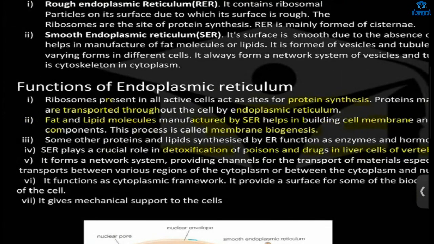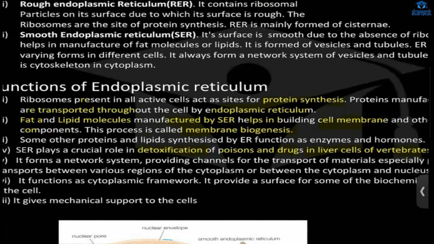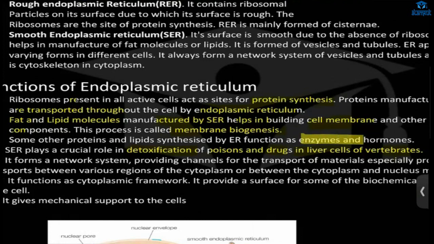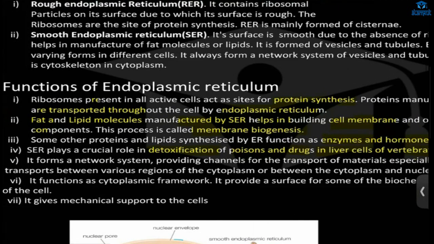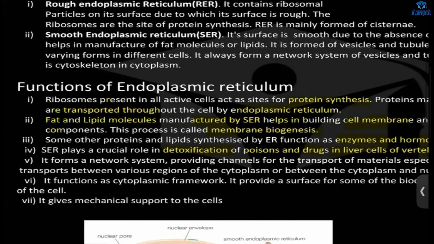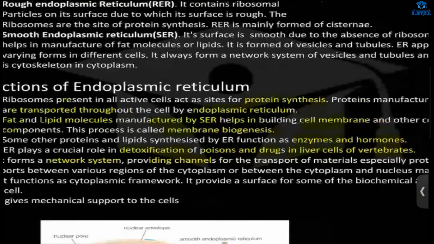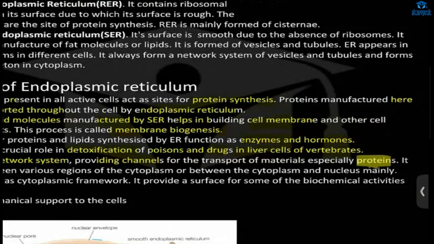This process is called membrane biosynthesis. This question usually comes. Some other proteins and lipids synthesized by the ER function as enzymes and hormones. It plays a crucial role in detoxification of poisons and drugs in the liver cells of vertebrates. It forms a network system providing channels for transport of material, especially protein.